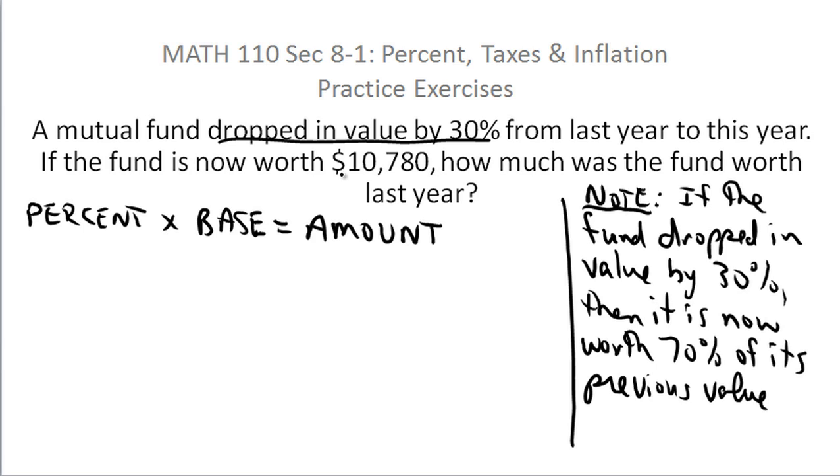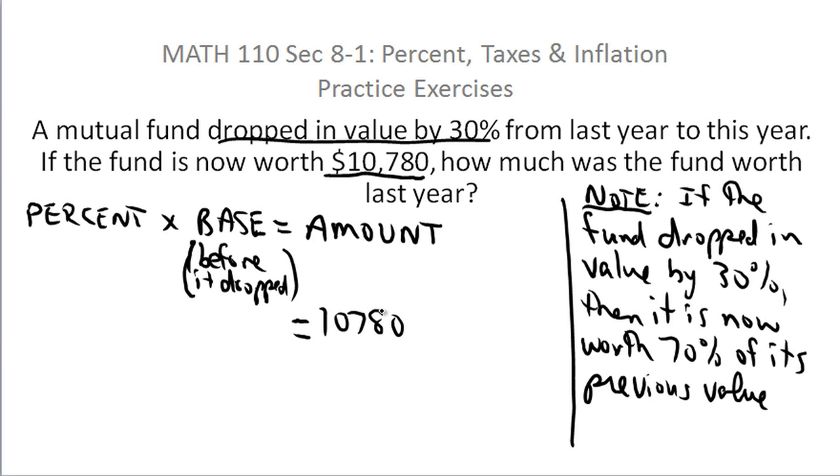So if you think of the original value of the fund as being the base, the base is what it was before it dropped. So the amount is what it was worth afterwards, and that's the 10,780. So be really careful about that.